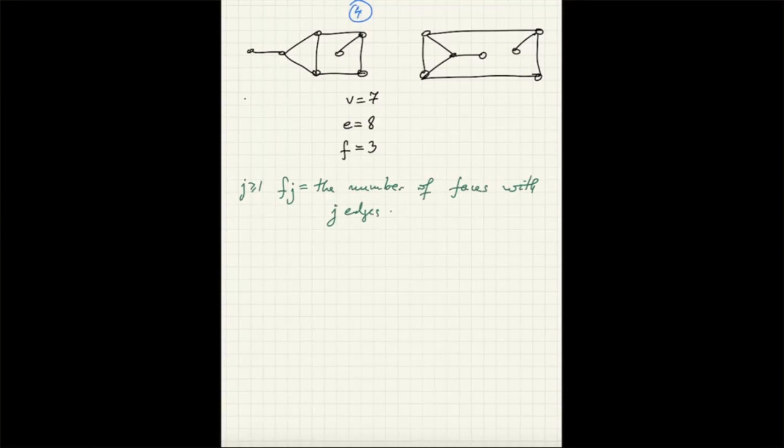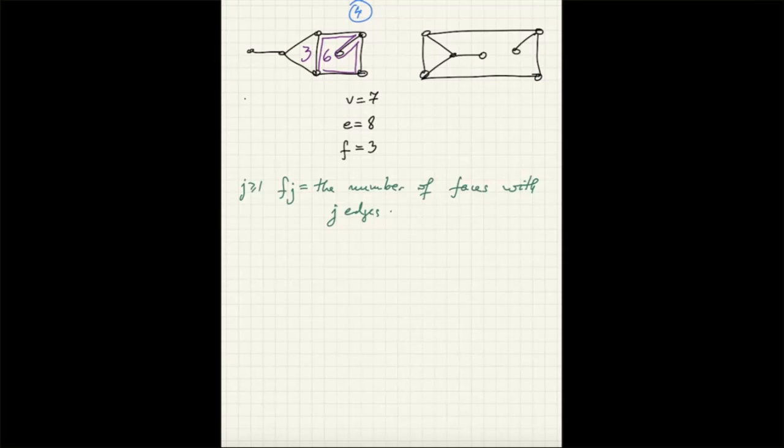So on the one on the left, what do we have? We have this triangle. So I'll do the same thing as before. I'll write the number of edges inside it. So that's 3. Now for the second bounded face here, I have 1 edge, 2, 3, 4, 5, 6. So that's 6.